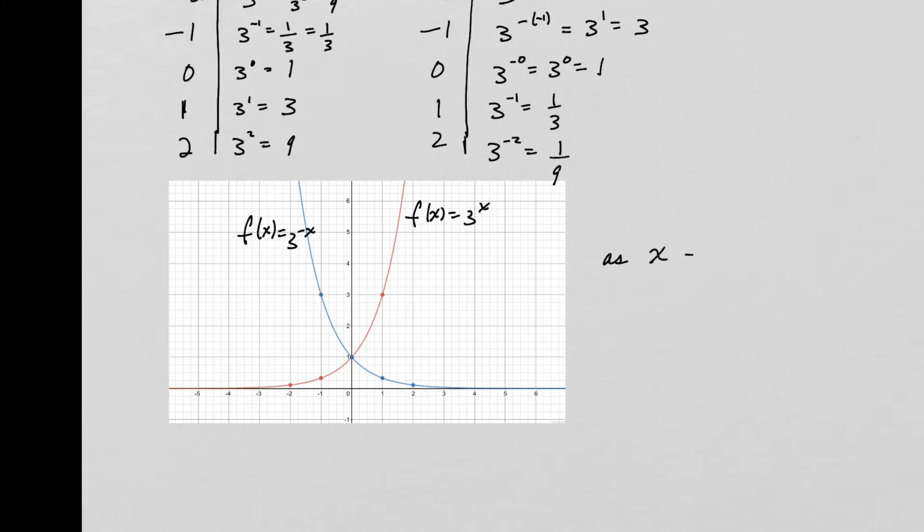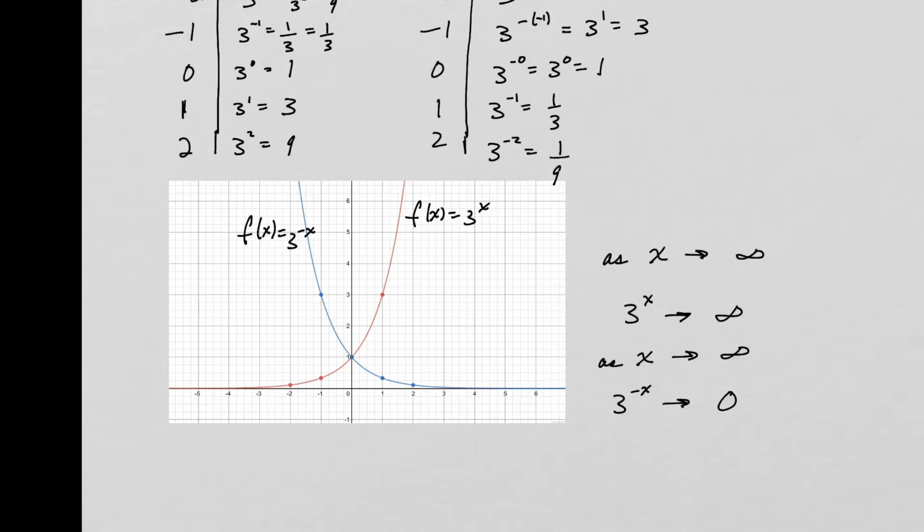As x goes to infinity, so as x gets really, really large, what happens to 3 to the x? It's also going towards infinity. So as they move to the right, the red function gets super large very quickly. But what happens to the other function as x goes to infinity? If I look at the blue curve, which is 3 to the minus x, that graph is going towards 0. So it gets really, really small.